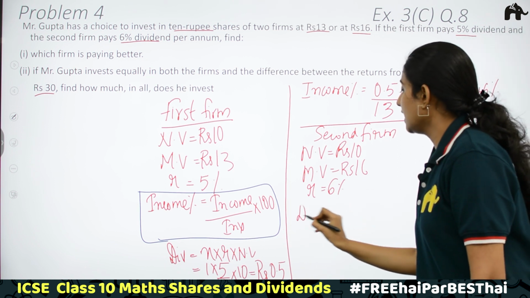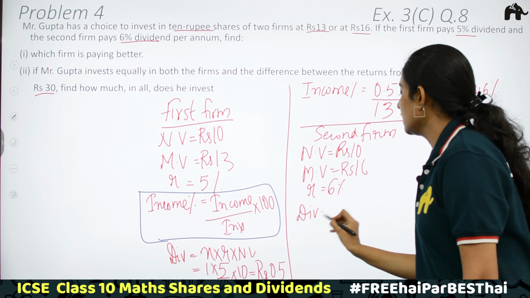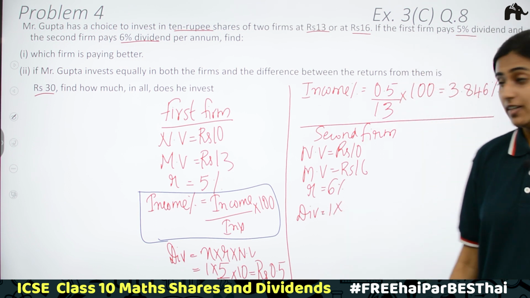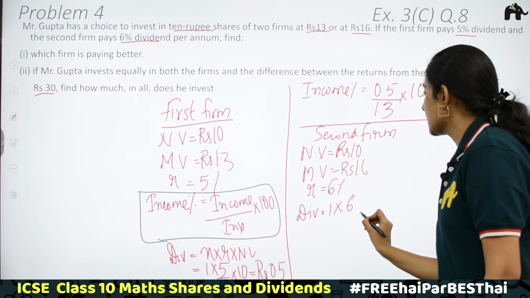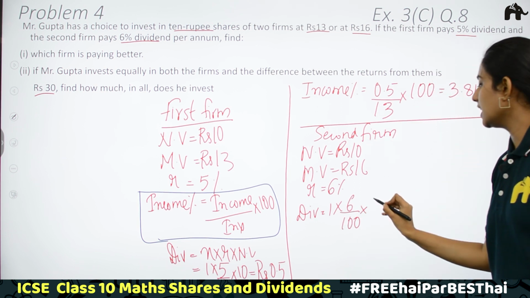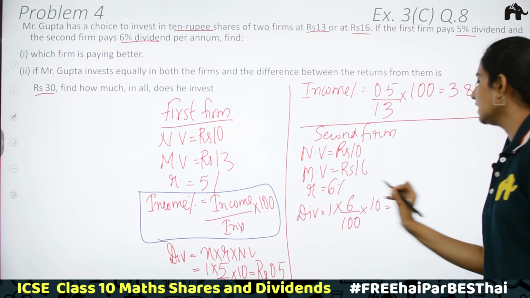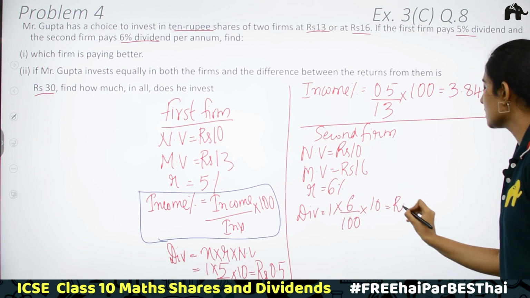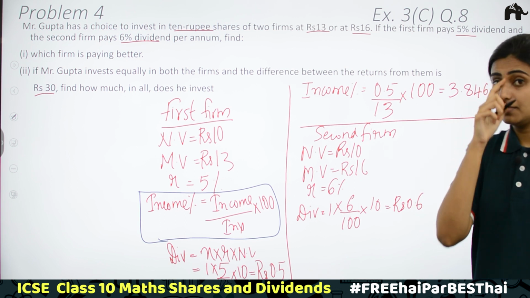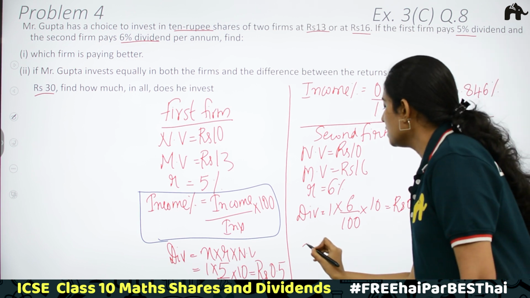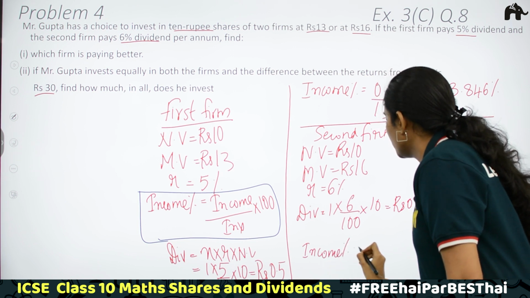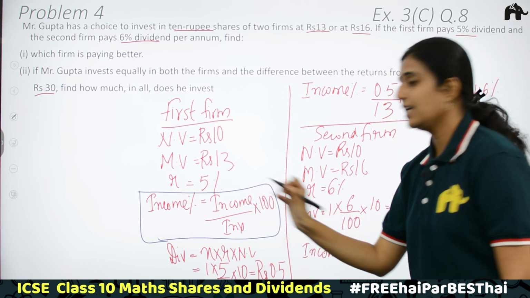What is the dividend then? Dividend is equal to, we are taking number of shares, 1 into rate of dividend, 6%. 6 by 100 into nominal value of 1 share is 10. You will be getting dividend is equal to rupees 0.6. Yes. Now we can find the income percentage. Income percentage is equal to income by investment.